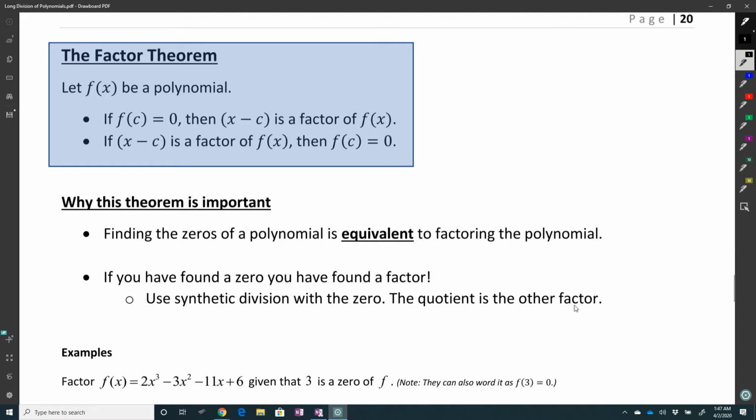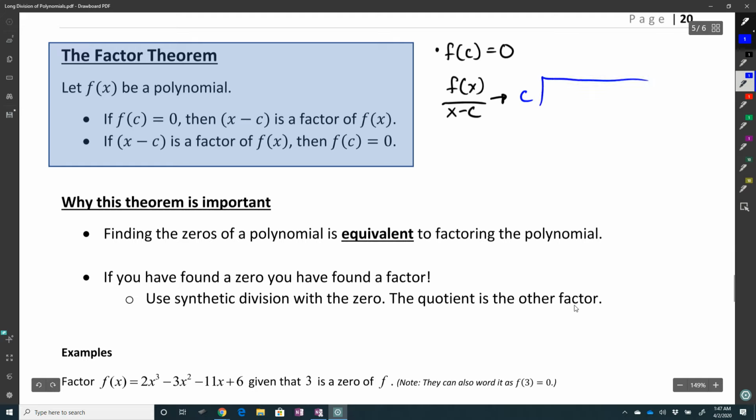It says if f of c equals 0, that means that if I were to divide f of x by x minus c, meaning that I would have c, my coefficients of f, I could do my synthetic division, but I know my answer at the end would be 0, which means that it has a remainder 0.